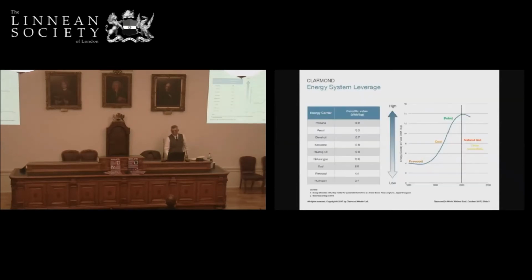And unlike the previous ones, natural gas is not very energy dense, meaning you need more money to make the system as productive. So you're not getting the same leverage out of your energy system as you used to, and we're relying more and more on natural gas.